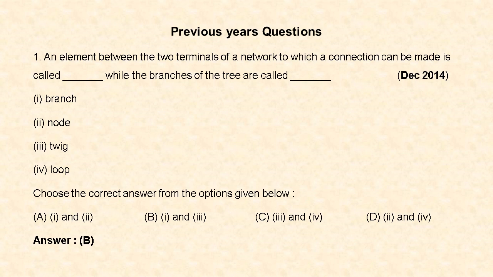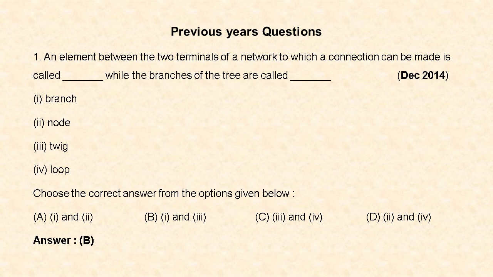Next, let us see the previous year's questions. First question, an element between the two terminals of a network to which a connection can be made is called dash, while the branches of the tree are called dash. This question was asked in December 2014 and the options are: 1 branch, 2 node, 3 twig, 4 loop.